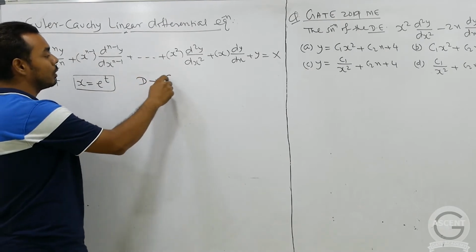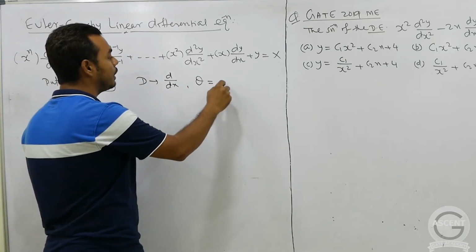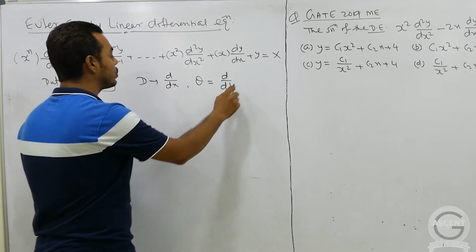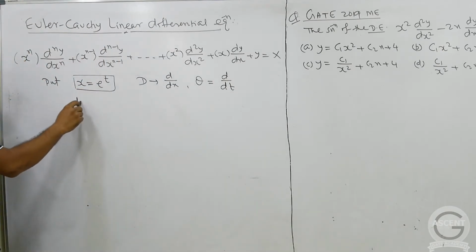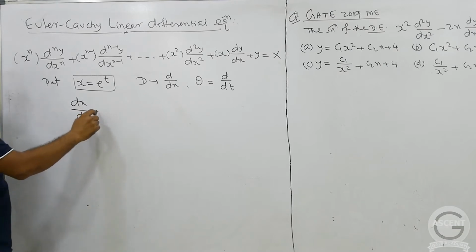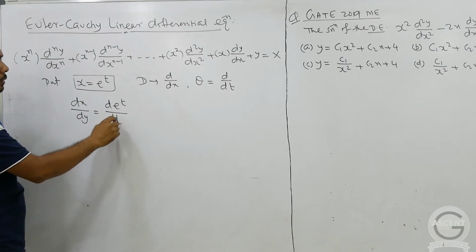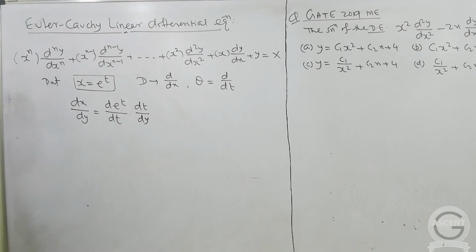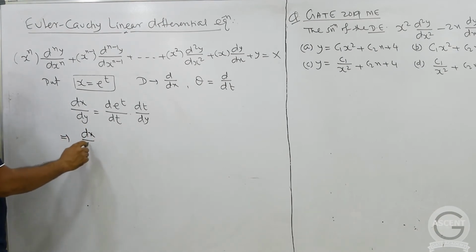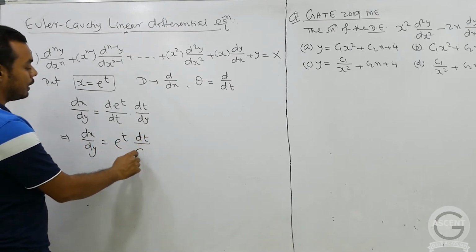But before that we are going to use these two symbols. Capital D will mean d by dx, theta will mean d by dt. So suppose x is e to the power t, then what will be the value of dx by dy? dx by dy will be d e to the power t. Now since it is a function of t, we have to differentiate with respect to t and then differentiate t with respect to y. So this will give us dx by dy equals e to the power t dt by dy.